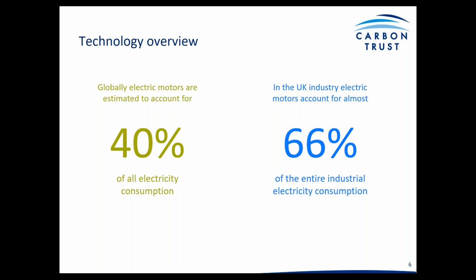And if we look at UK industry, electric motors account for 2/3 of the entire industrial energy consumption. So I think it's worth looking carefully at any potential opportunities to save energy on electric motors.